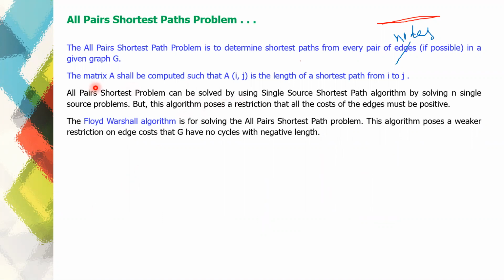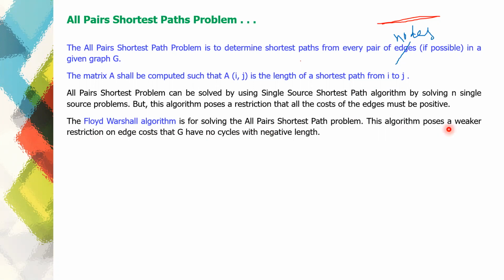And for that, we are going to construct a matrix. This matrix A is going to present the lengths of the shortest paths between every pair of nodes in the given graph. Now for that, we are going to use one of the algorithms, which is called the Floyd-Warshall algorithm, for finding the lengths of the shortest paths between every pair in the graph.